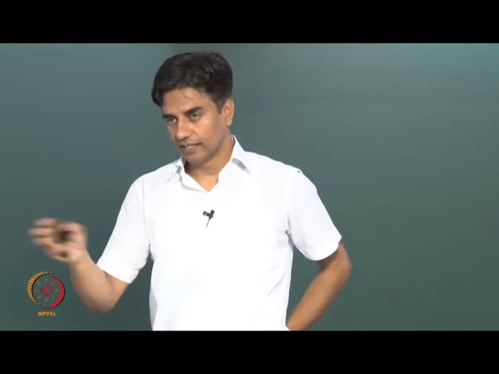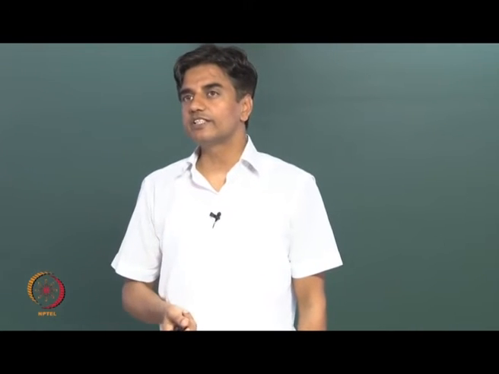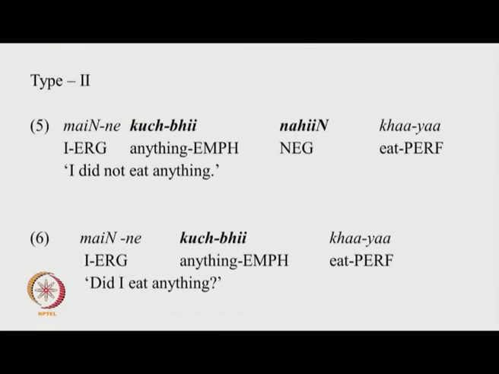Get the point? Now, to elaborate this point a little bit more, I didn't mean to bring it in at this stage. I was going to discuss this a little later, but since you are bringing it in, let me talk about this. Do you see I have mentioned on the top type 1 and type 2? What that means is this distinction that you see, that in one case we can put a star, that is in the case of type 1, and in the case of type 2 we are not able to put a star.